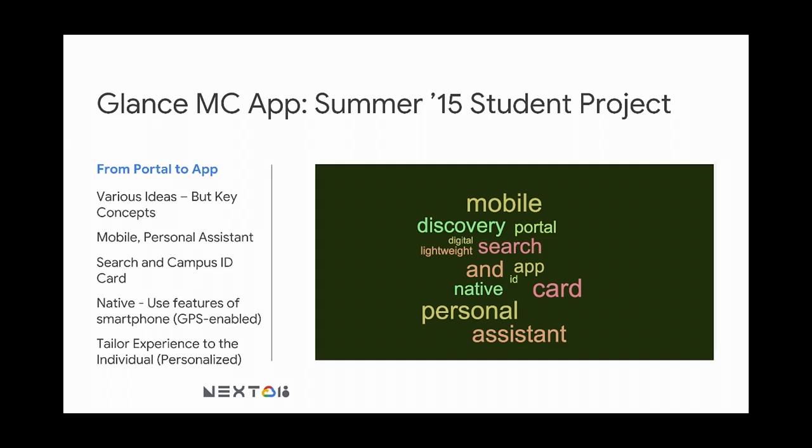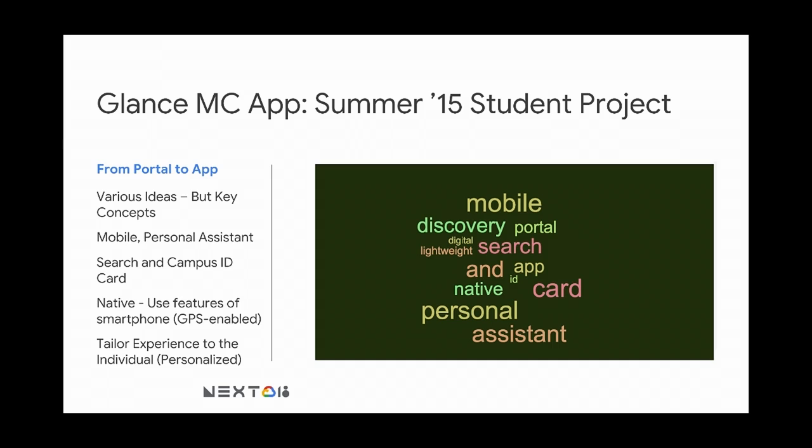The big thing was the campus ID card, what we call our Jasper card. Manhattan College, I didn't mention this, are the Jaspers, so I'll keep using ID card and Jasper card together. Students basically carried their phones around all the time, and a lot of times they were forgetting their paper ID card.